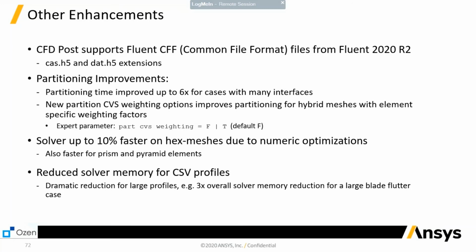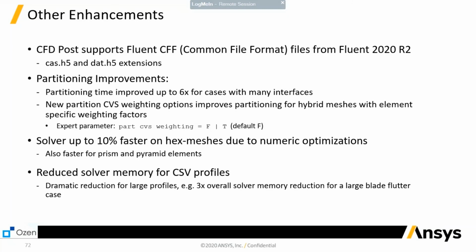There were some other enhancements as well. For example, CFD-Post supports the FLUENT CFF format, the files that we have probably seen with the .h5 extension. The partitioning that we had in CFX was quite old, so we had to improve it for faster results and shorter solve times.